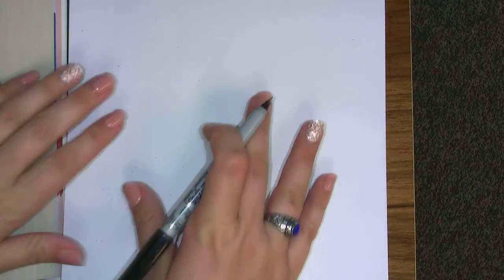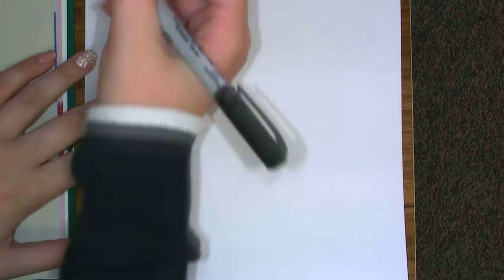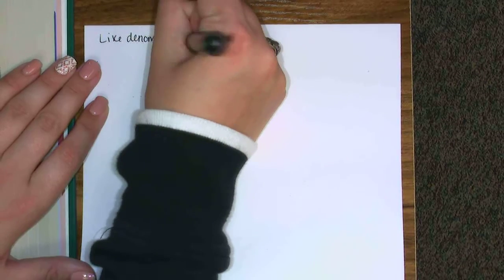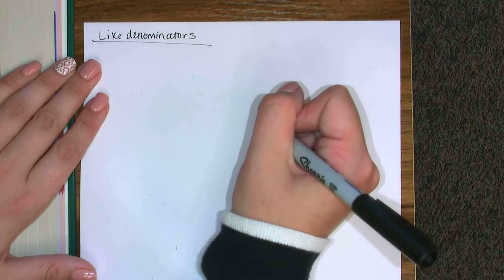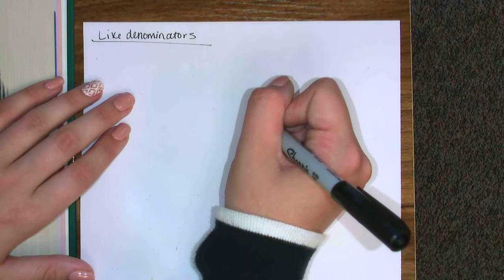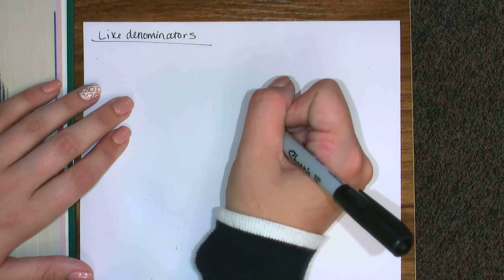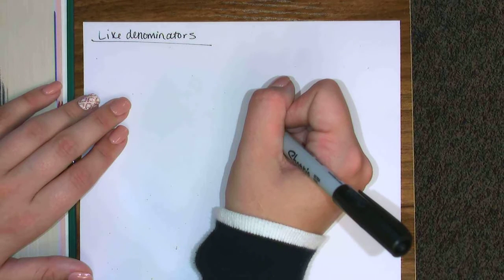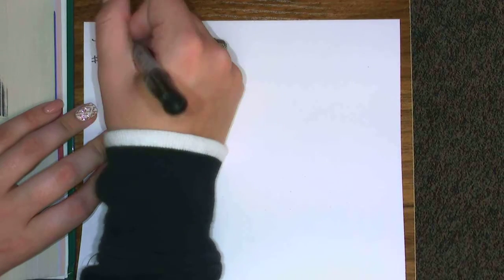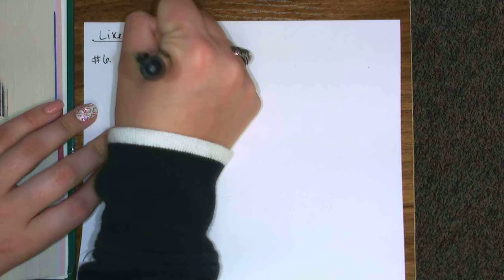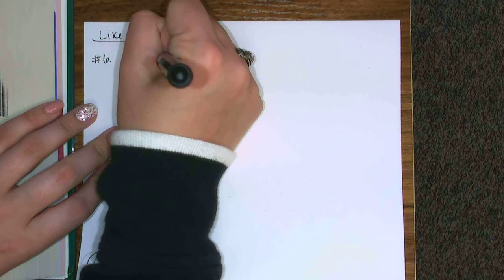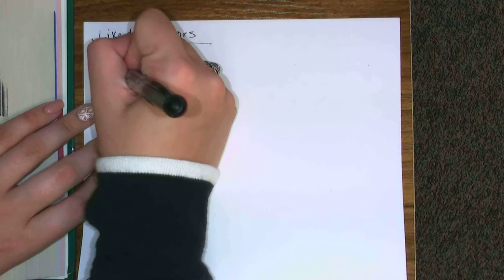Alright, so stuff like 3 through 8 is with a like denominator. So I'm just going to do one of these because this should be pretty simple. Well, okay, I'll do two of them. 6, just because of the way that they write them. 3x squared plus 6x, well, both of these, sorry, are over x minus 8.